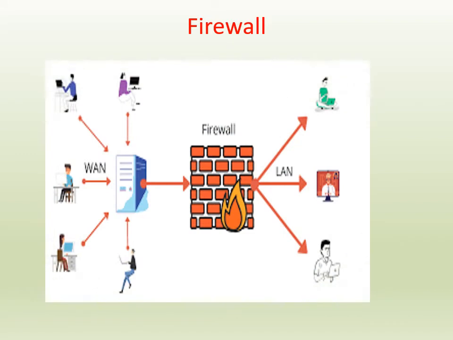Firewall. A firewall is a network security device that monitors and filters incoming and outgoing network traffic, as shown in the diagram. At its most basic, a firewall is essentially the barrier that sits between a private internal network and the public internet.